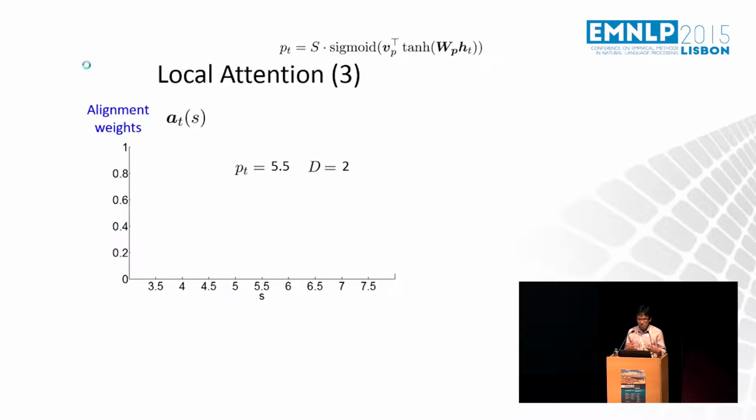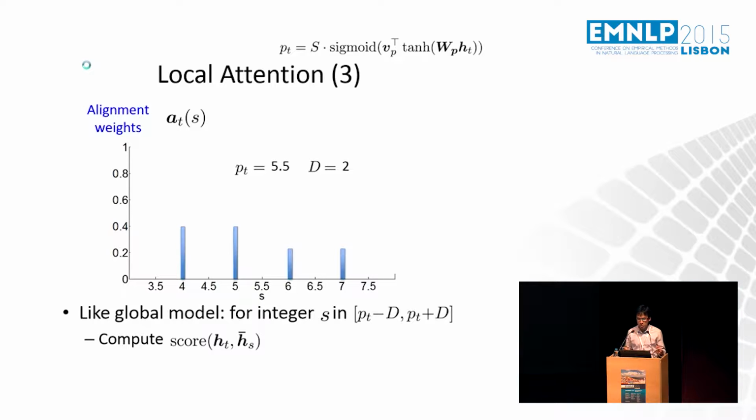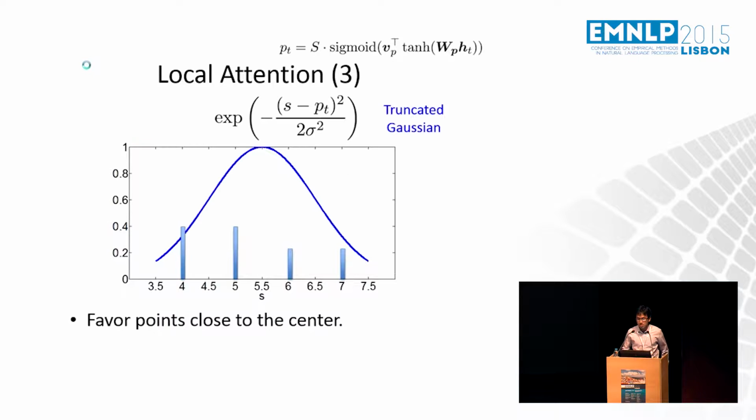I explain that through this example here. Let's say you already predicted a position PT, which is 5.5, and the window size is 2. That means we're going to look at the window from 3.5 to 7.5. And we compute the alignment vector just like the global model. So for every integer S within this window, so 4, 5, 6, and 7, we compute the score just like before, and we normalize them to get alignment weights. And now here comes the trick.